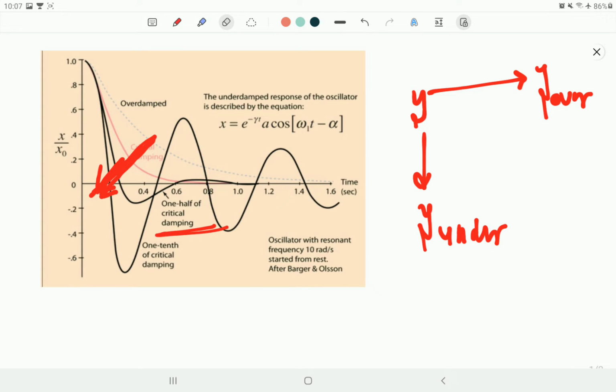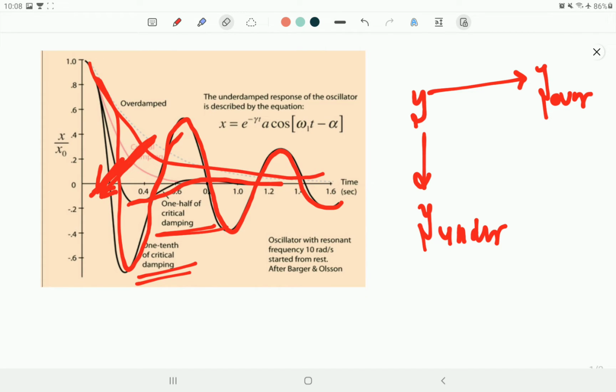One is one half of critical damping and one is 1/10 of critical damping. In both these cases, the value of gamma is less than gamma critical. That's why these cases are called underdamped oscillations, and these oscillations are called overdamped oscillations.